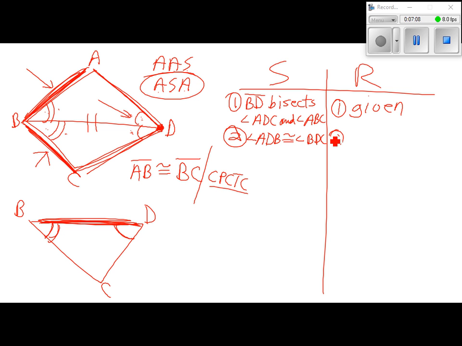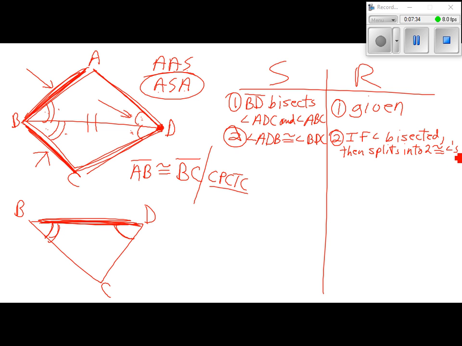The reason here, what was the key idea in number 1? So if an angle is bisected, what do you know is happening to it? Split into two congruent angles.